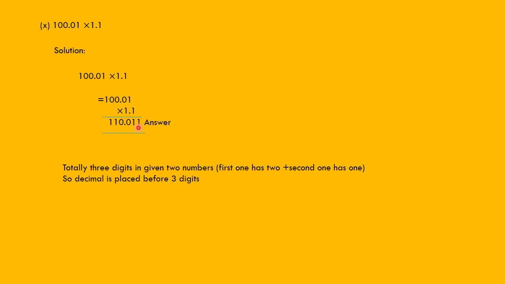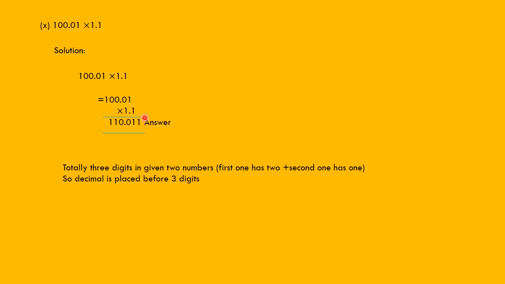So 11 ones are 11, 11 ones are 11, 11 zeros are 0, so 0 plus 1 is 1, 11 zeros are 0, 11 zeros are 0, 11 ones are 11. Okay. So it is 110011.